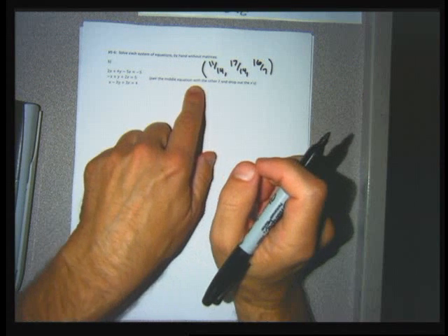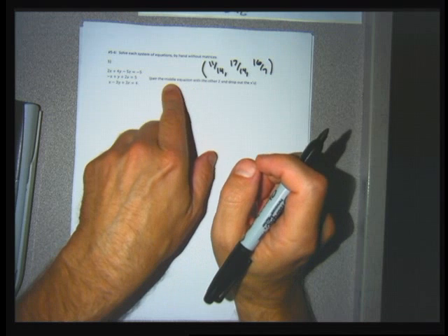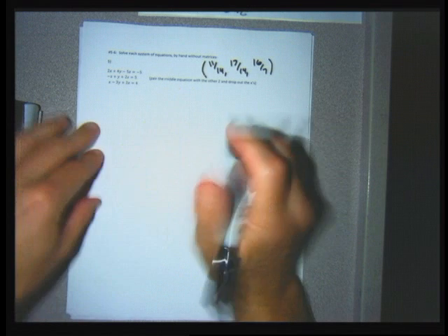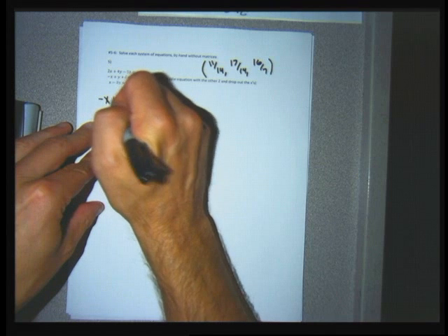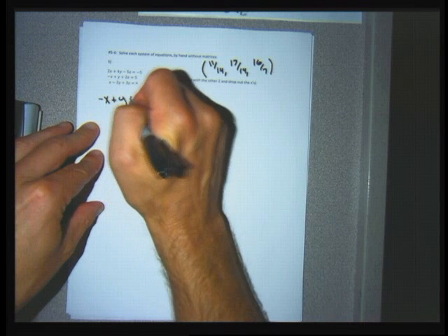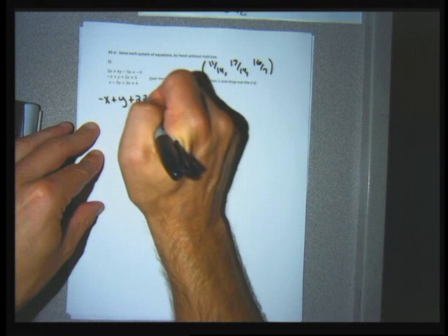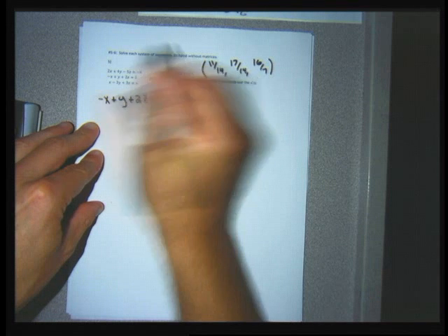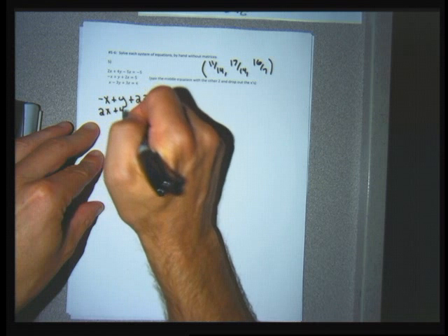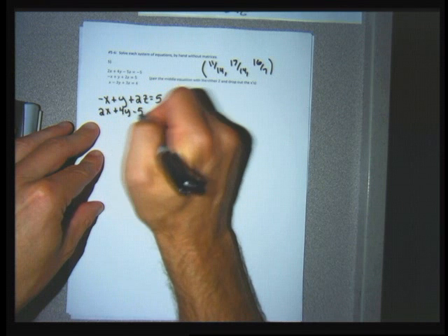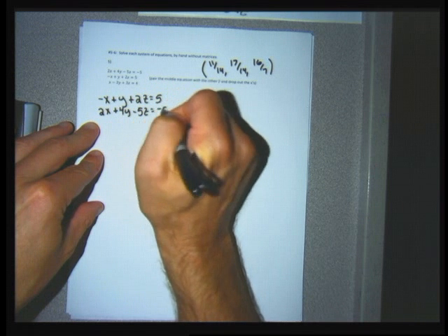So my first step said pair the middle equation with the other two and drop out the x's. So I'm going to do that. I'm going to take the middle equation, -x plus y plus 2z equals 5, put it on top of the top equation, which is 2x plus 4y minus 5z equals negative 5.